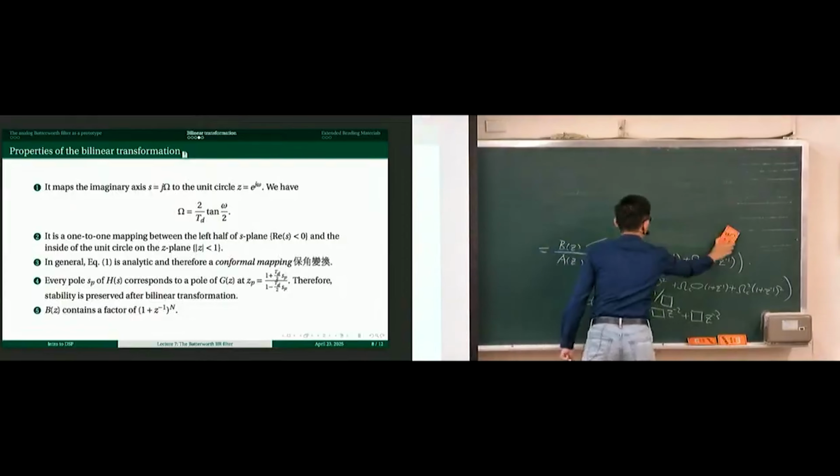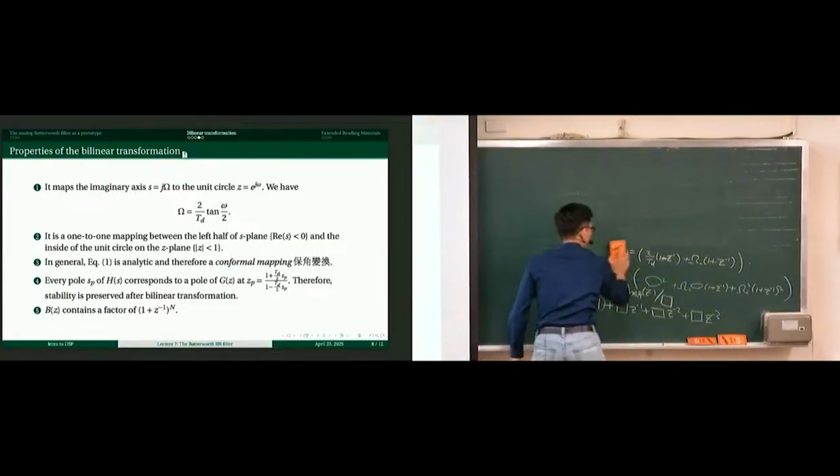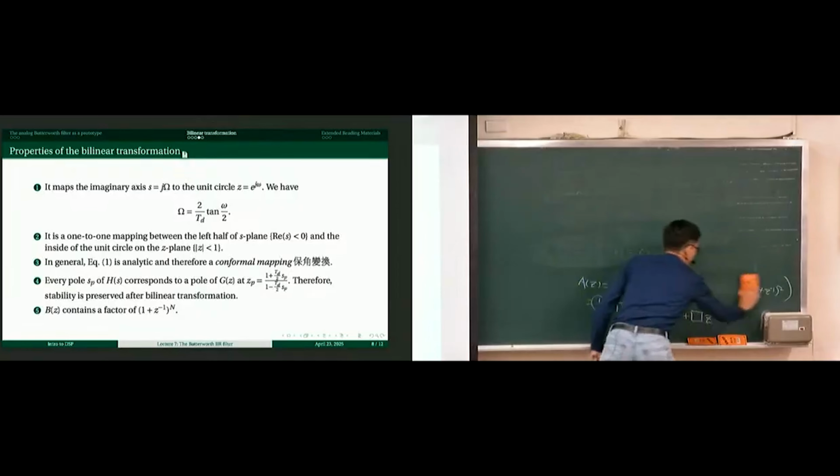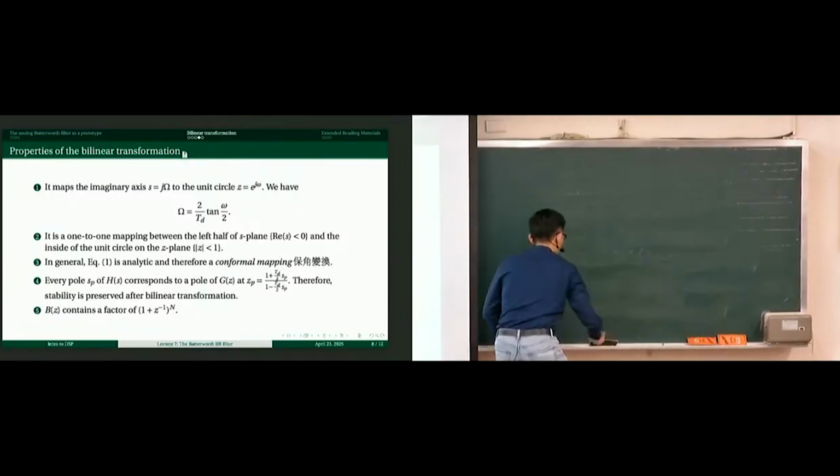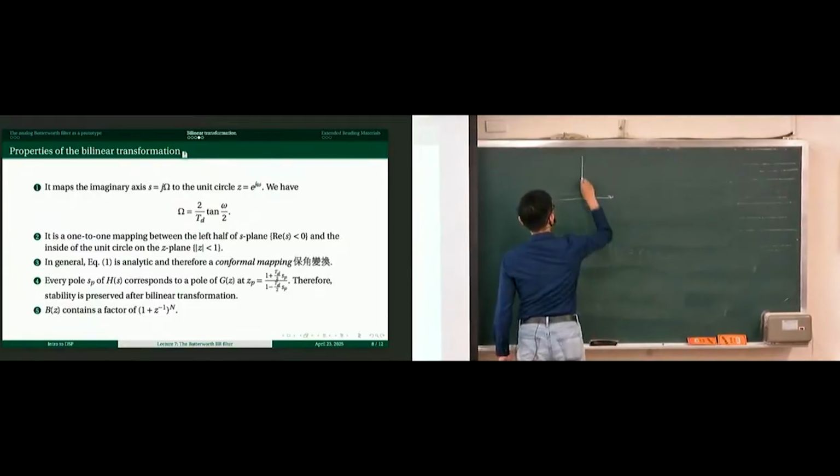In the sense that, imagine if you have two vectors. Imagine again that we are on the S-plane to begin with, either way. So let's say this is the S-plane.